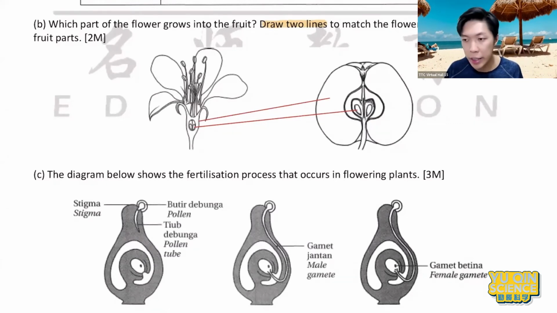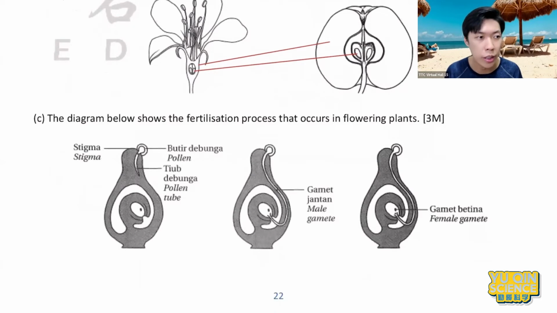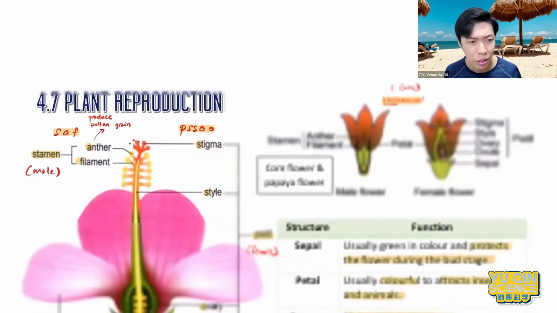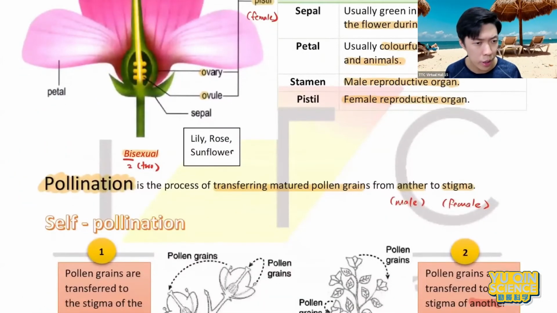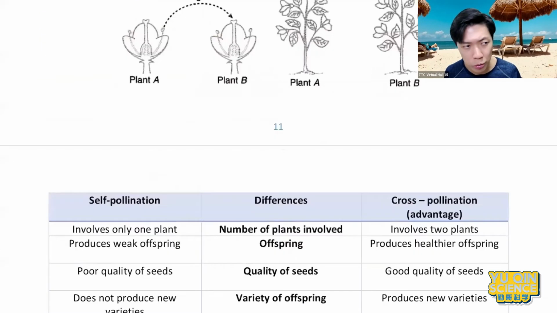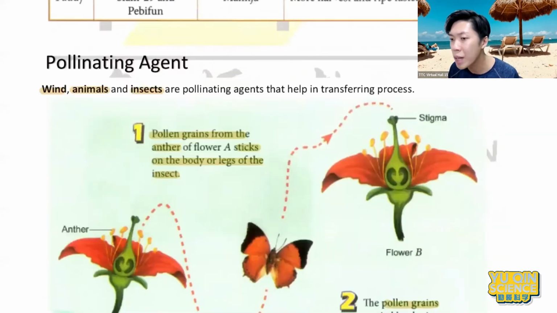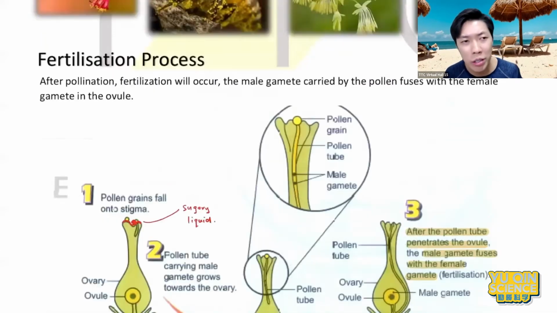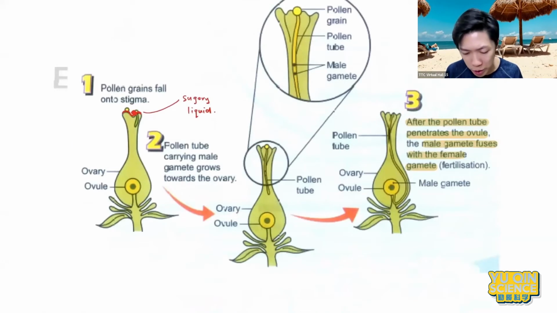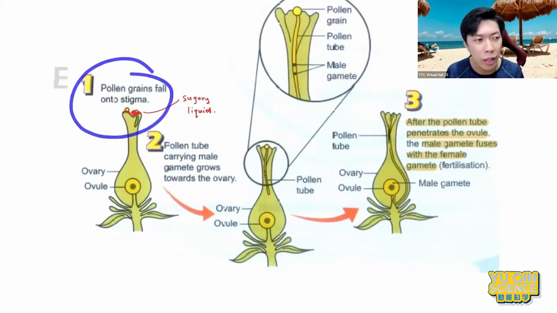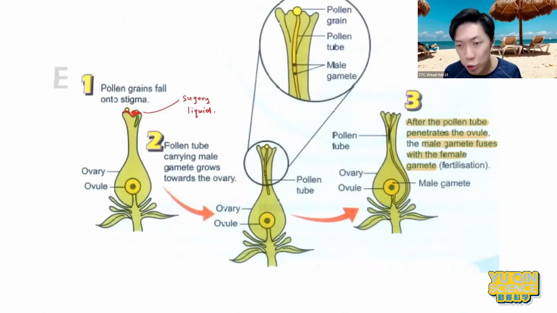Okay, next question. Right, so the fertilization process. You have to memorize it also. The fertilization process is from your textbook. Long story short, the pollen grain falls onto the stigma. Then it grows a pollen tube.